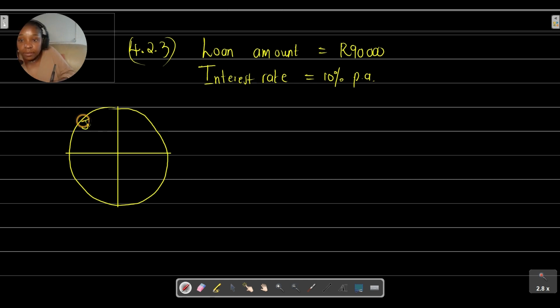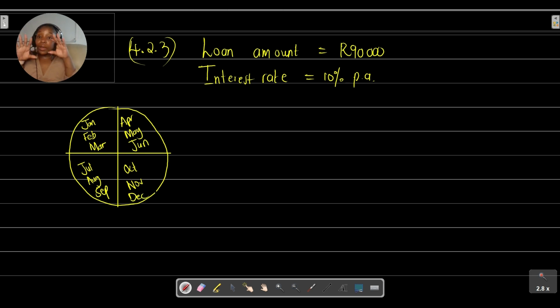We've got January, February, March, first quarter; April, May and June, second quarter; July, August, September, third quarter; October, November, December, fourth quarter. So our year has been divided into 4 quarters, and one quarter has 3 months. Very important.